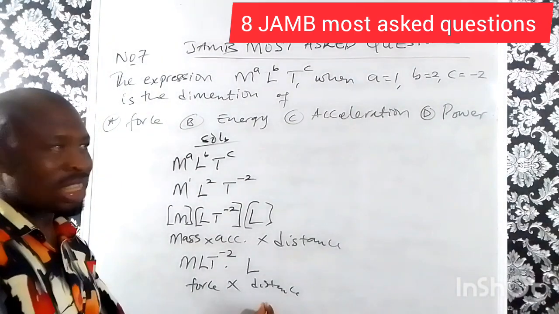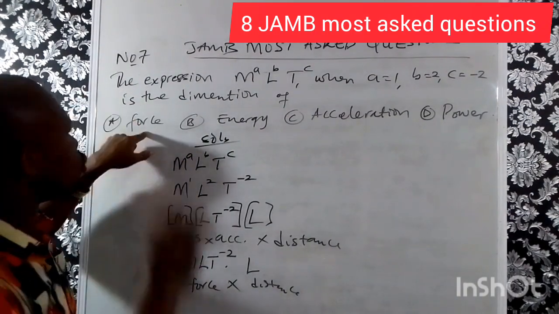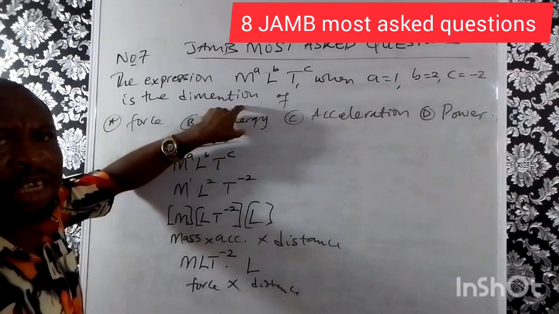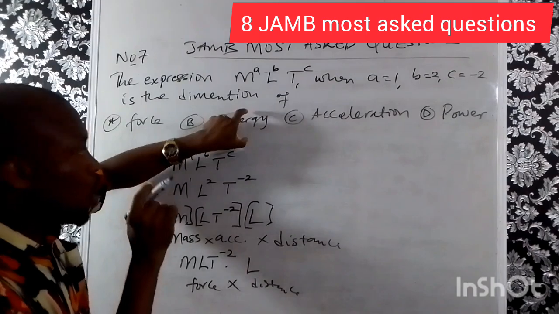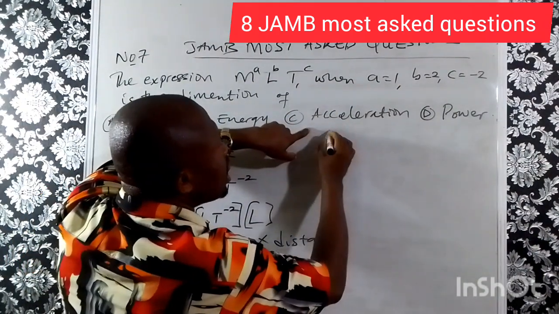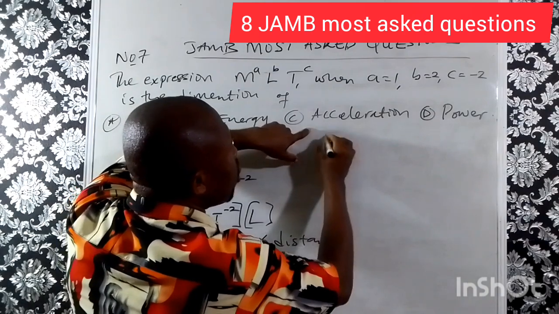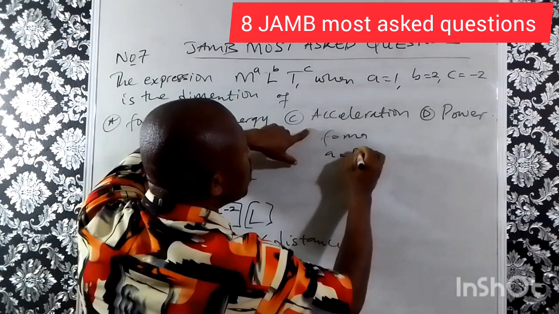Force times distance. If you check, this one is force, it's out. Energy, what is the expression for energy? We leave this one and then move to this one. Acceleration is just, of course, from F is equal to ma, a will give us F over m.